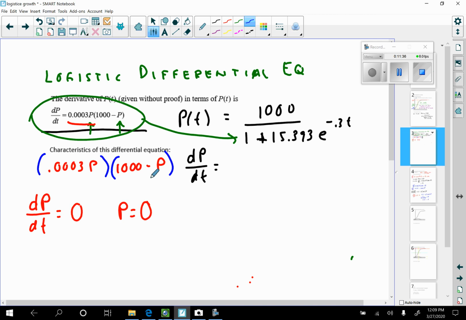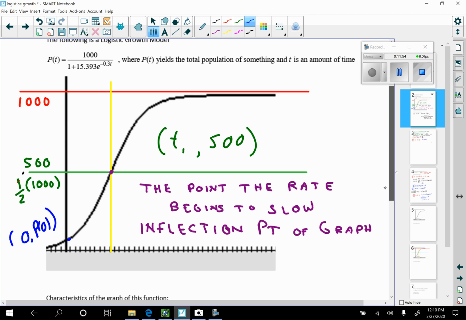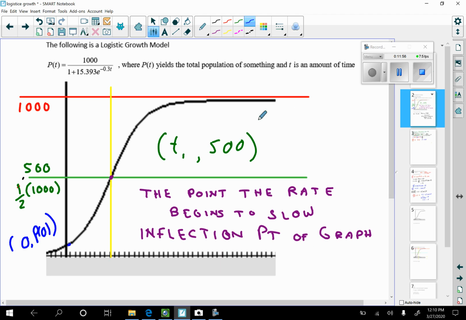This guy is 0 when p is 0. When is this guy 0? This guy is 0 when p is equal to 1,000. And that makes sense from our previous model, that the derivative is going to 0 when the population reaches 1,000. If I go back to this curve for a moment, that's exactly what happens. As t goes to infinity, the derivative is going to go to 0.